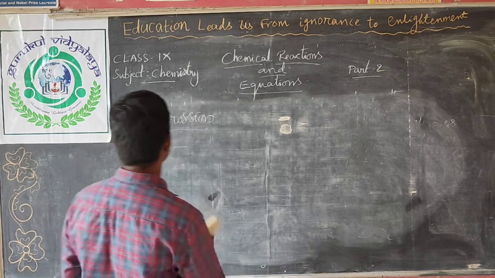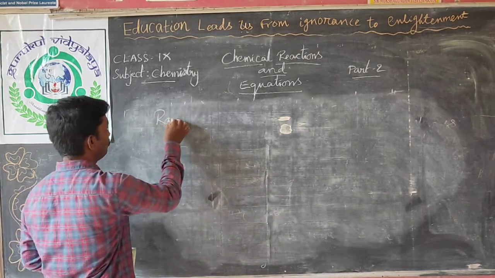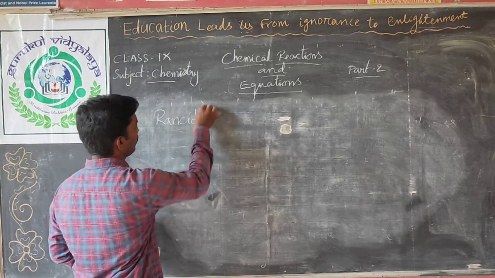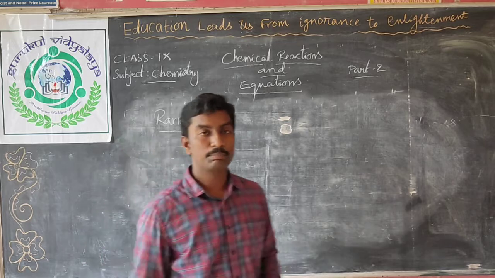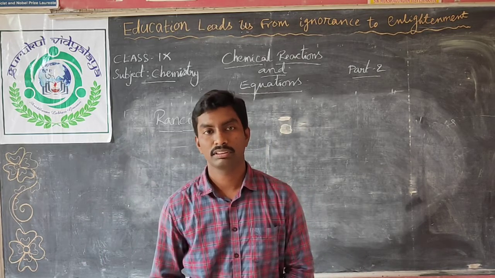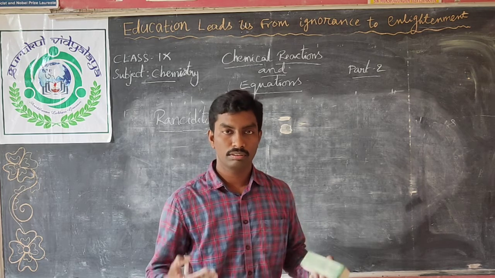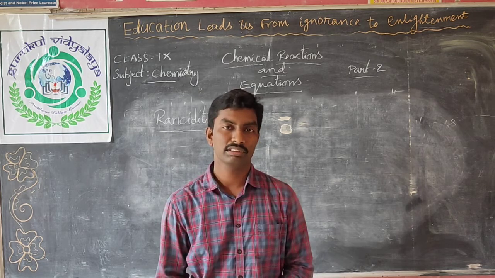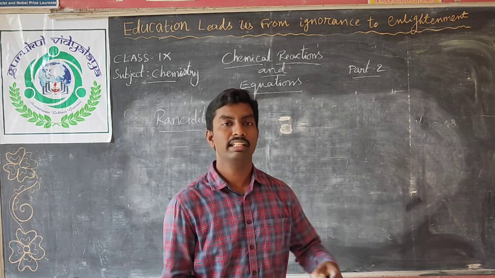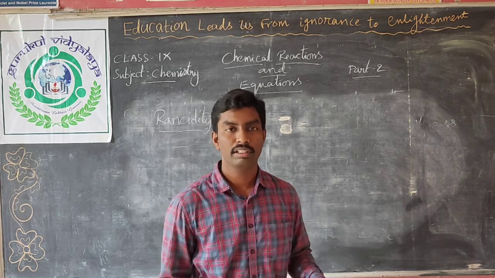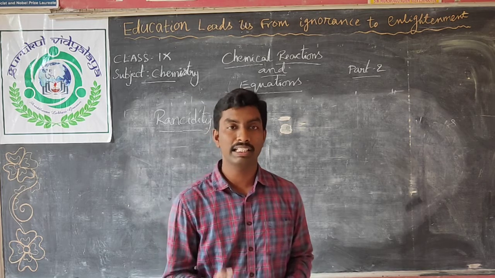The next concept is rancidity. Rancidity means the spoiling of food items. Suppose in our home we use some food items for eating. If you leave some part for some time, the next day you will observe that the food item has been oxidized.